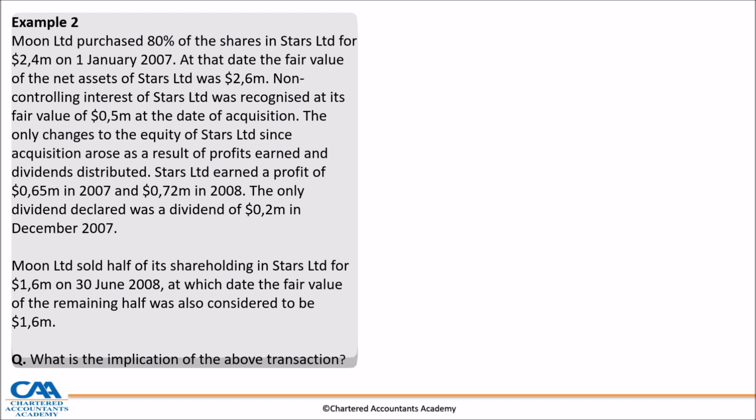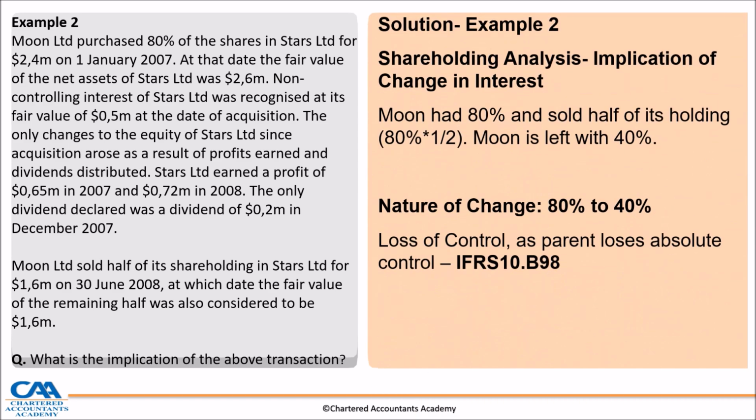So you identify that when I'm reading these items, I'm reading only the areas which imply change. Initially there was 80% in Moon, and they sold half. So 80%, half of that being sold, which is half of 80, which is 40. So Moon is only left with 40%.